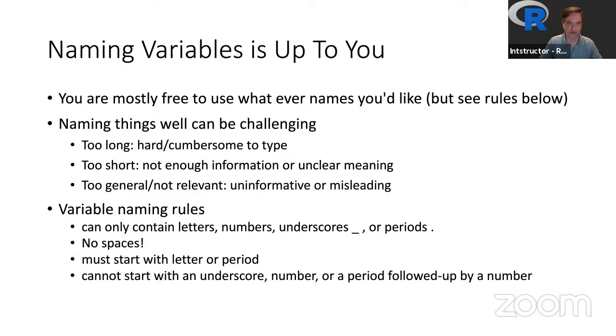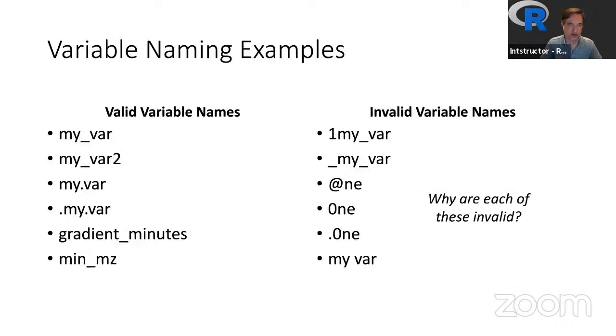There are some rules here. I outline these here, so they can only be letters, numbers, underscores, or periods. You can't put spaces in them, for example, so everything has to be mashed together. And there are some other rules, like not starting with a period or an underscore. Here are some examples. We don't need to go through all of these.